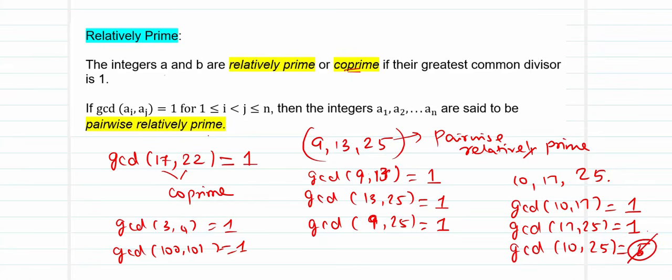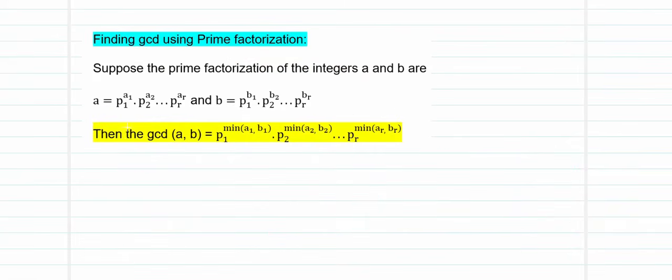So this quantity is not 1. So 10, 17 and 25 are not pairwise relatively prime. This is the way in which I can define relatively prime or co-primes and pairwise relatively prime numbers.